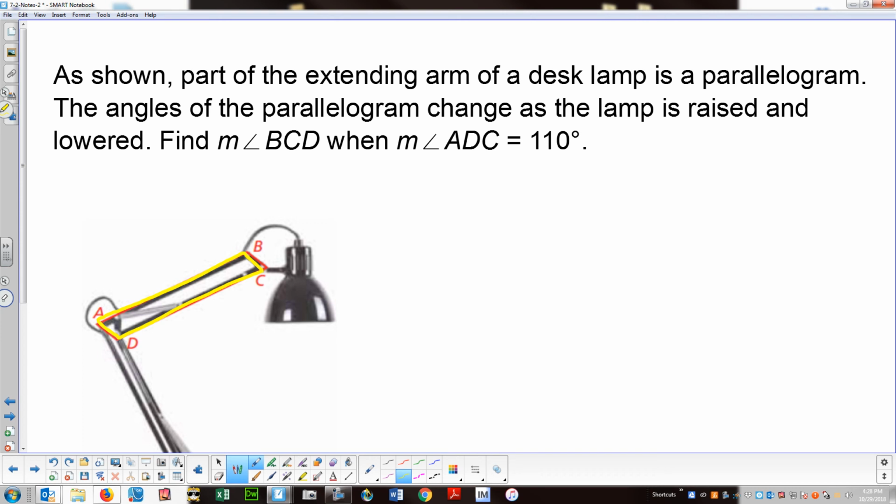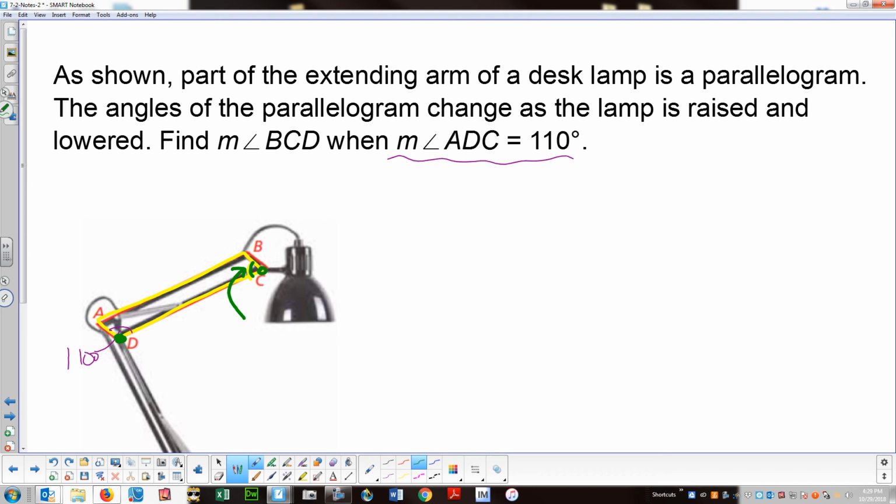And if we know that this angle ADC, this guy right here, is 110 degrees, we want to know how big this angle is right here. What's going on there? Angle C. Well, these guys are consecutive angles. Notice they're one after the other.